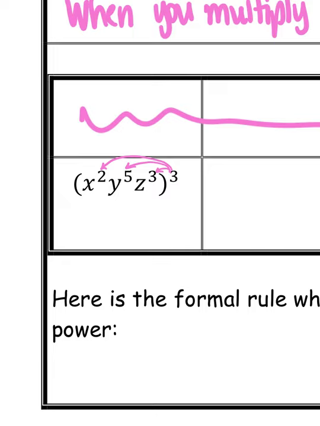So for x squared, I have x squared to the 3rd, y to the 5th to the 3rd, and z to the 3rd to the 3rd.